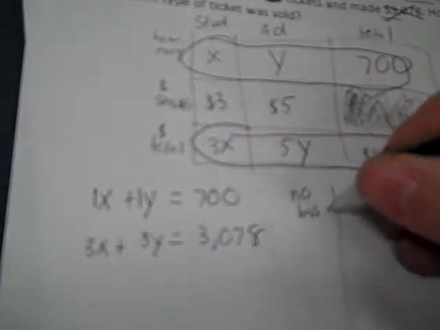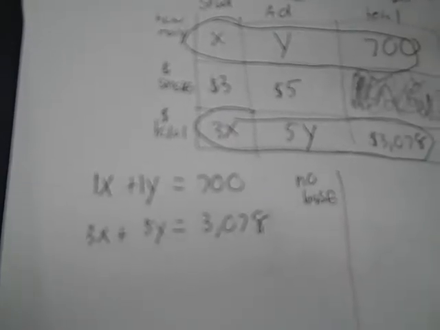So I know that X plus Y equals 700, and I know that 3X plus 5Y is equal to 3,078. Now these will have 1s in front because there's no base, because the X plus Y means the X and Y are together, nothing's by itself. Bubbles, no base, and no same.